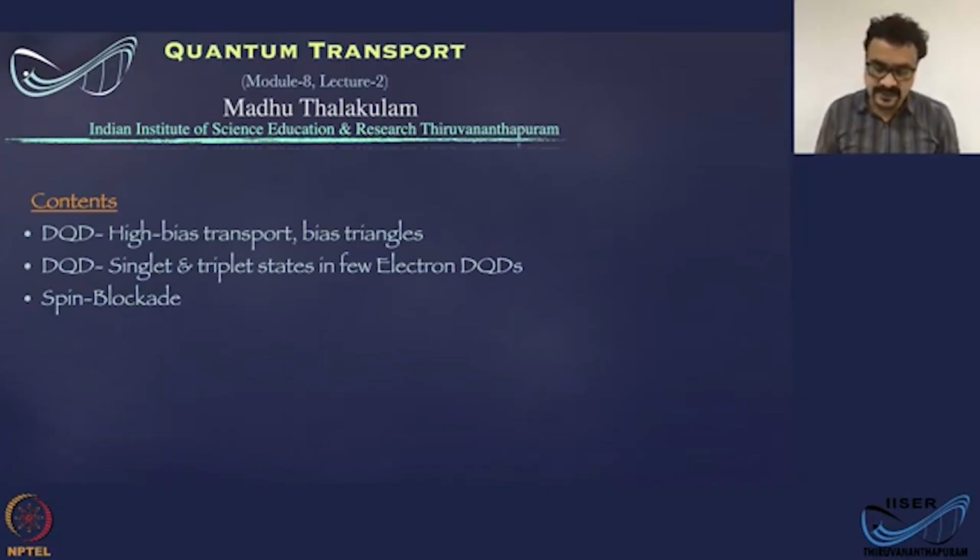When you have a high bias, or large source-drain bias, across the double quantum dot, what you would find is these hexagonally arranged points would expand into triangular regions, which are usually referred to as bias triangles.